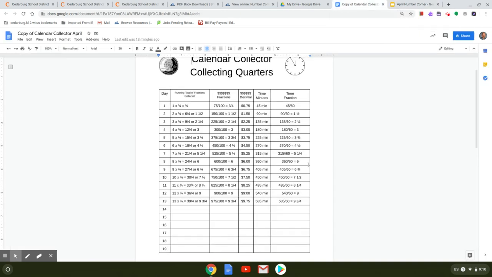So when we take a look, this explains why our fractions are so high on this side, because half of a dollar here is 50 cents. Half of an hour is 30 minutes, which is why our total time is less. But our fractions are the same.